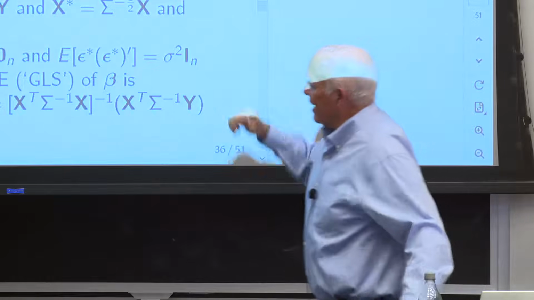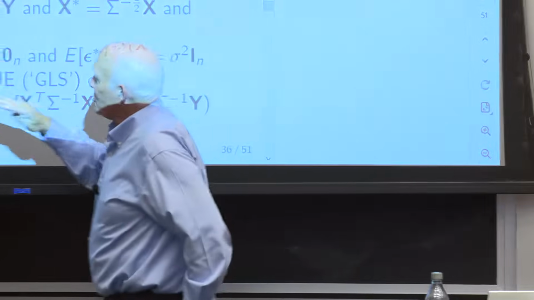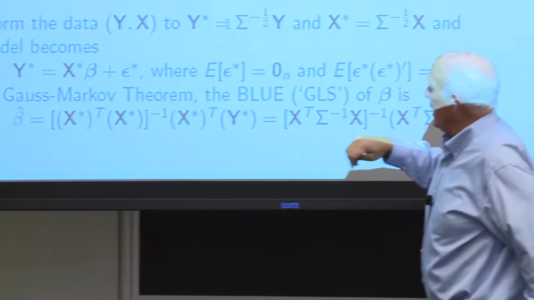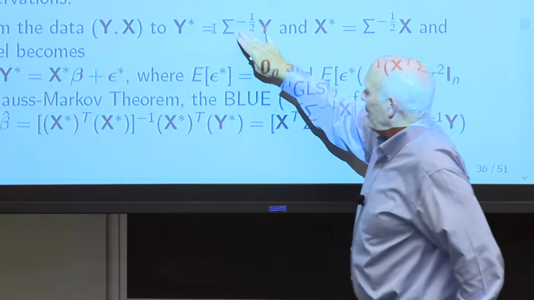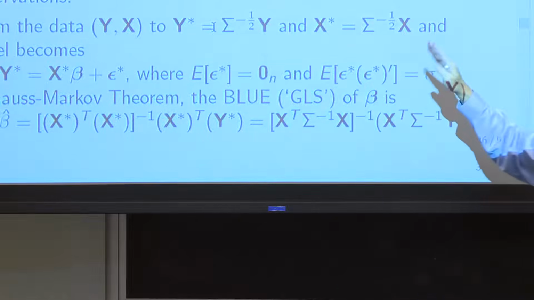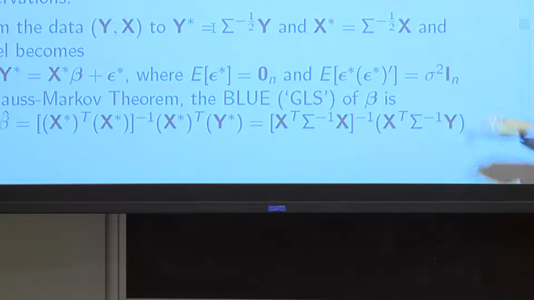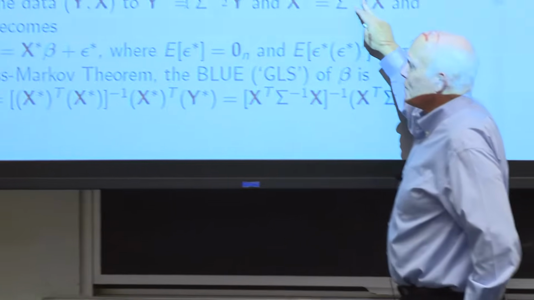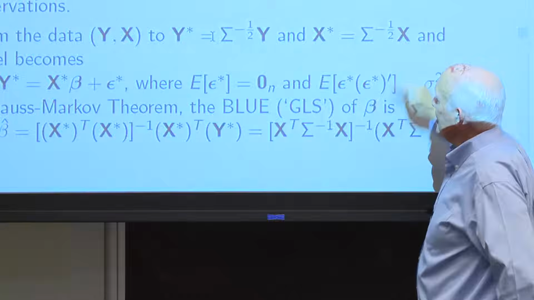Well, if this is the case, we can transform our original data by pre-multiplying by the inverse square root of sigma and do the same for our X matrix.